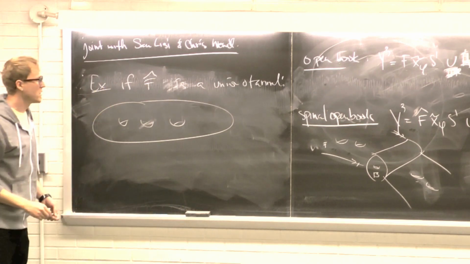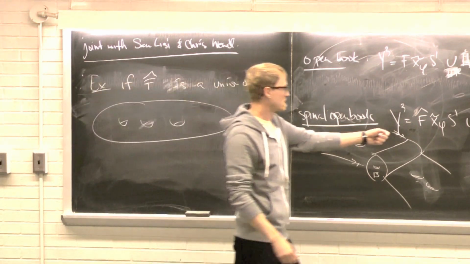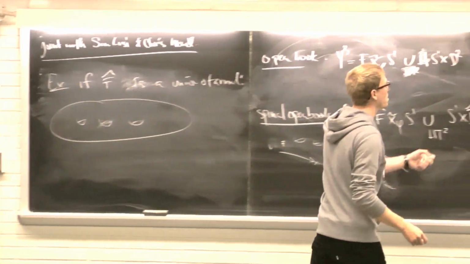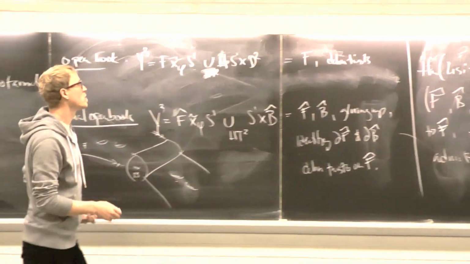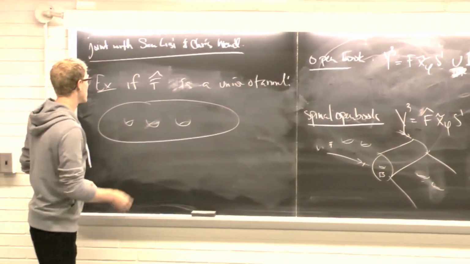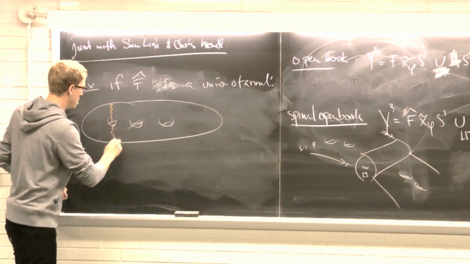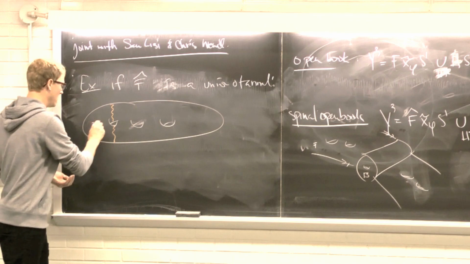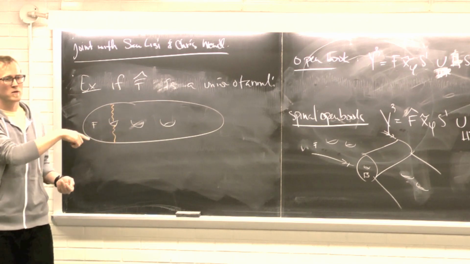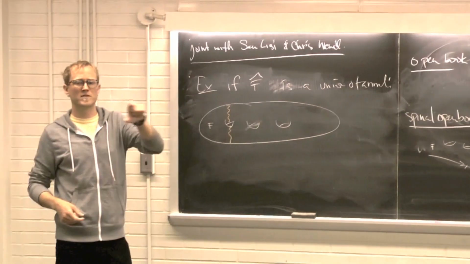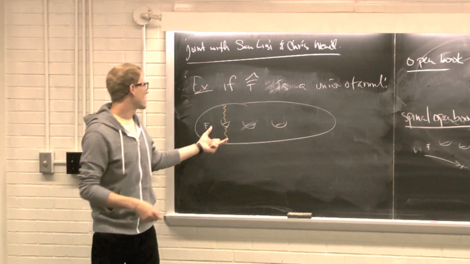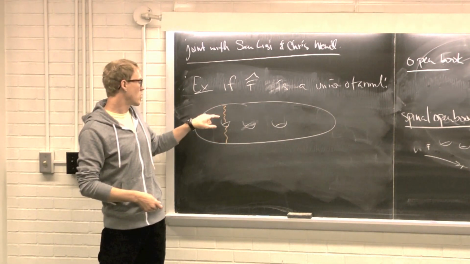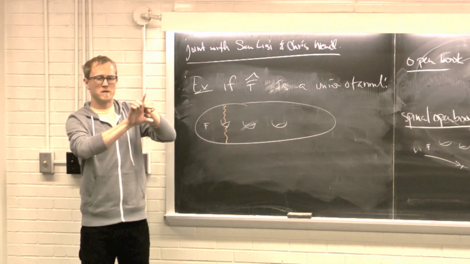Let's draw this spinal open book picture where I've got both F and B and the gluing map shown. So here I'm going to get a copy of F, and the squiggly line means that I'm gluing one boundary component of F to a boundary component of B. So in the closed manifold, these two curves aren't going to be parallel, they're going to be perpendicular.